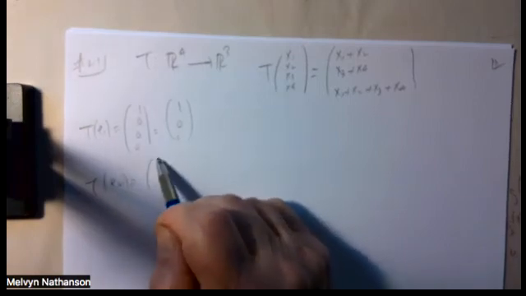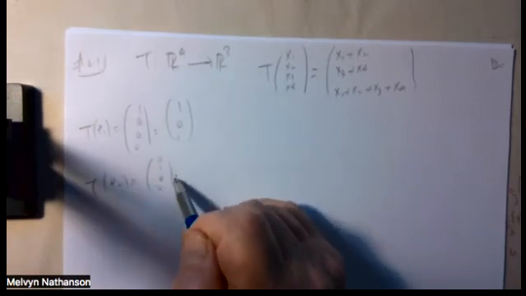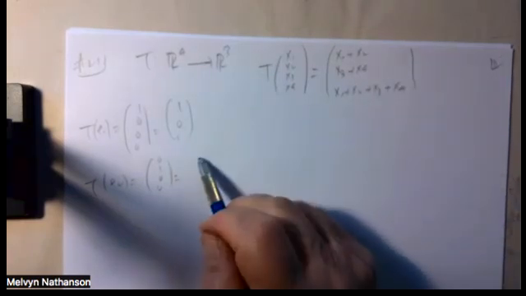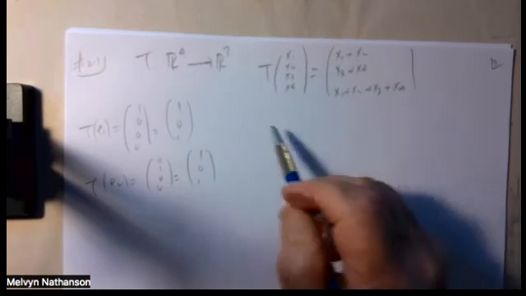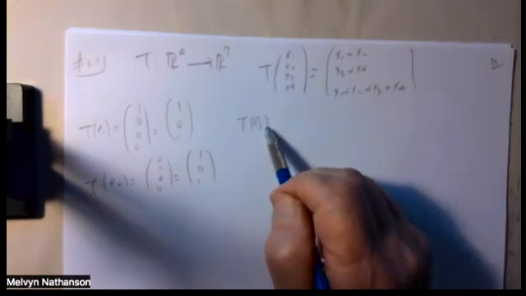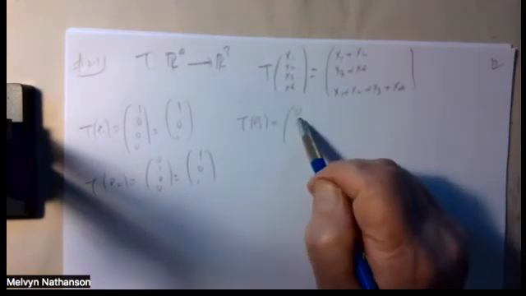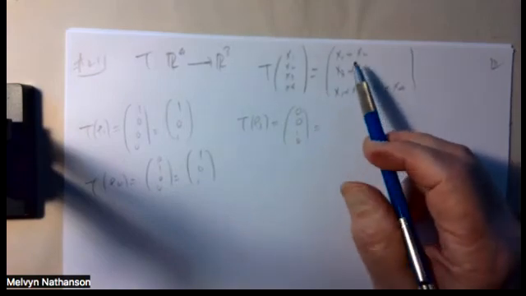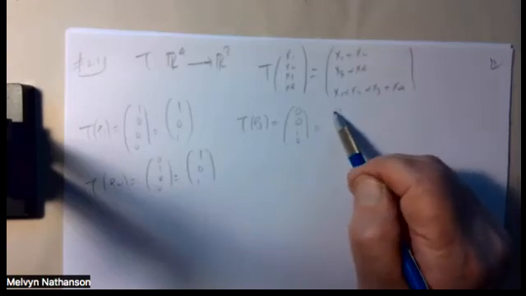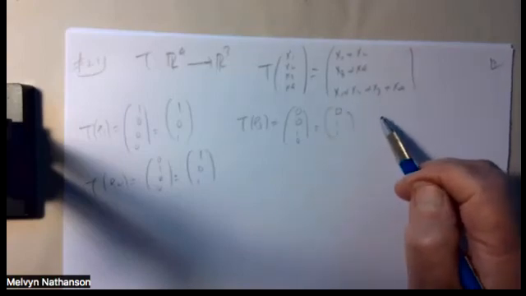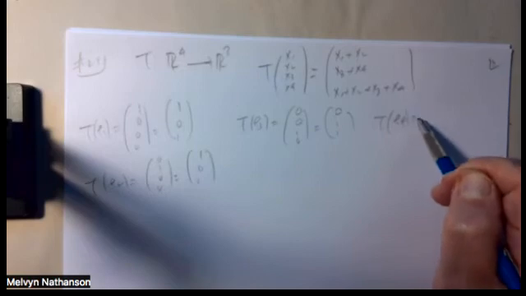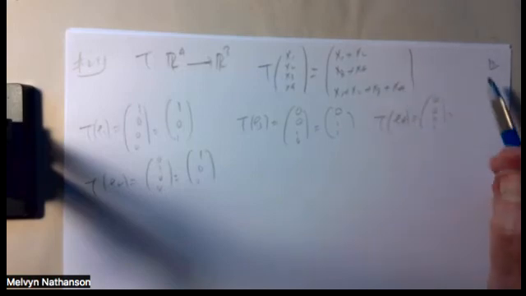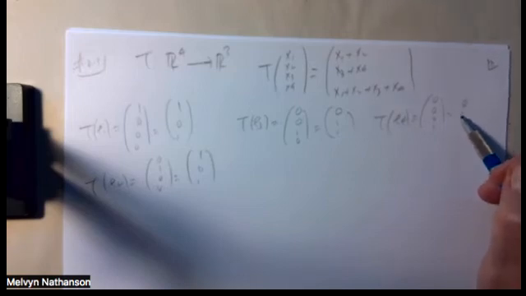T of E2, that's the vector 0, 1, 0, 0. When x2 is 1 and everything else is 0, you also get 1, 0, 1. T of E3, which is the vector 0, 0, 1, 0. X3 is 1 and everything else is 0, you get 0, 1, 1. And T of E4 is 0, 0, 0, 1. X4 is 1 and everything else is 0, you get 0, 1, 1.